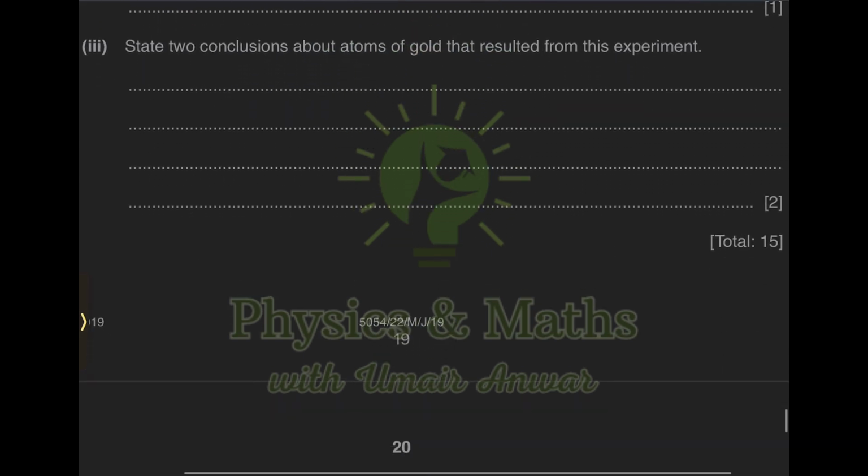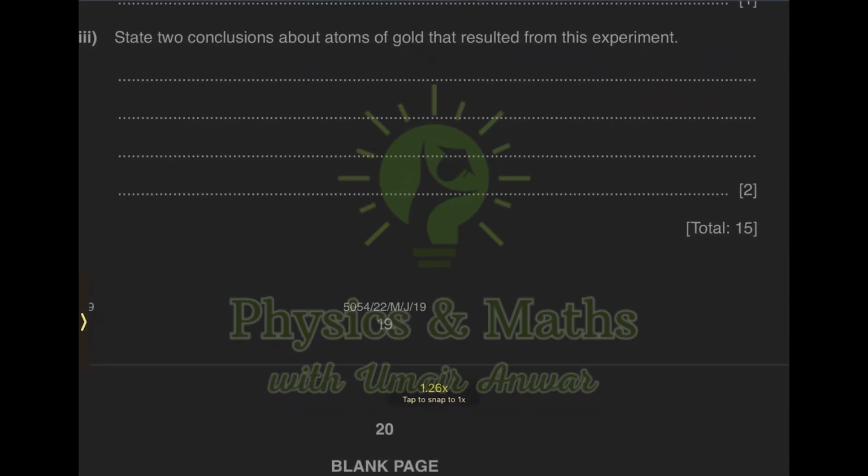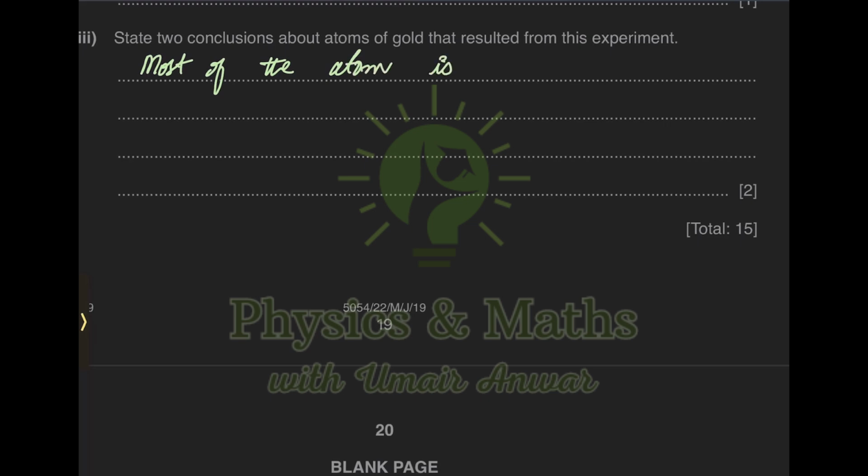State two conclusions about atoms of gold that resulted from this experiment. The first conclusion was most of the atom is empty space because most of the alpha particles were able to pass straight through.